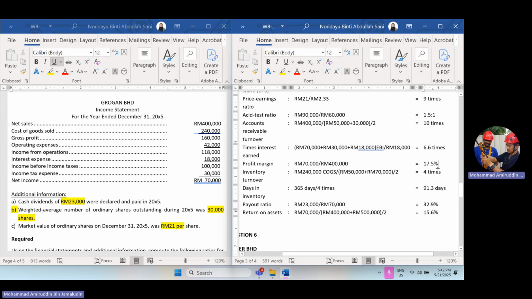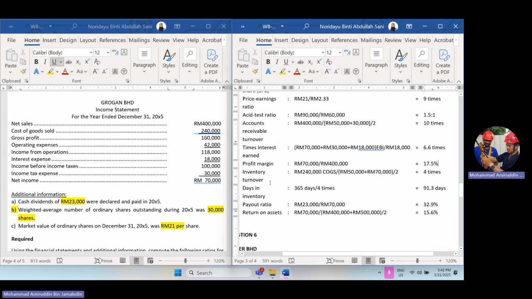Too little. Maybe if we can make it 50 cents profit, 60 cents, 70 cents, 80 cents, oh, that's very good. Very, very high. Okay? So the higher the better for this profit margin.